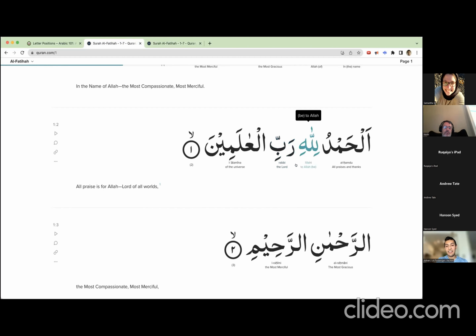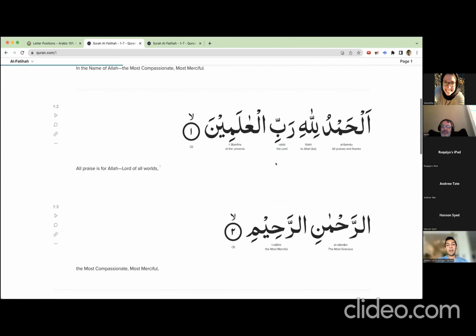Because Rabbi means Lord, and it's talking about God, who is in the I case because God is the object of a preposition. The preposition is li, so lillahi has to be in the I sound. And because we're talking about the same word, Rabbi will also be in the I case. So Rabbi, Lord, or sustainer.